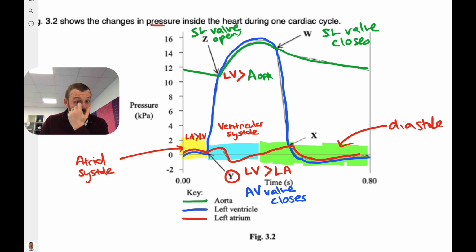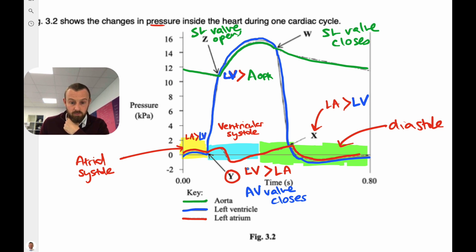So now at X, we could say that the left atrial pressure is again higher than the left ventricle pressure, which means that I need to make these colours more clear, don't I? That should be LV, blue, and LA.